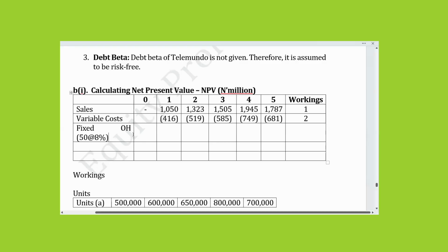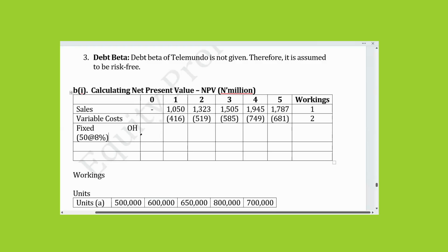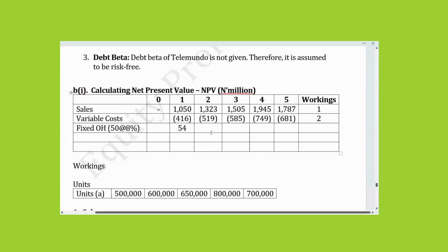Do it again. 54 multiplied by 1.08 is 58. 58 multiplied by 1.08 is 63. Multiplied by 1.08 is 68. Multiplied by 1.08 is 73. That's it. I've inflated the fixed overhead.